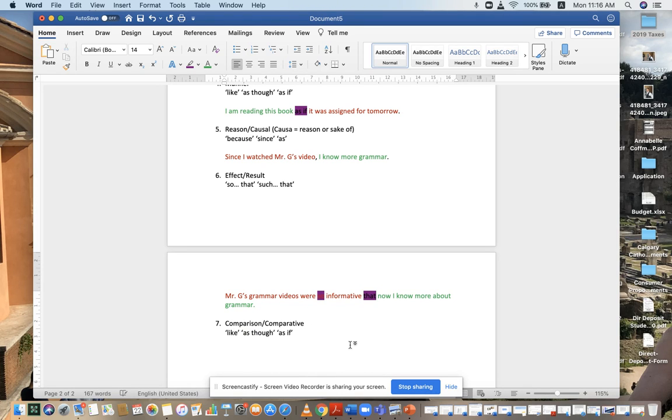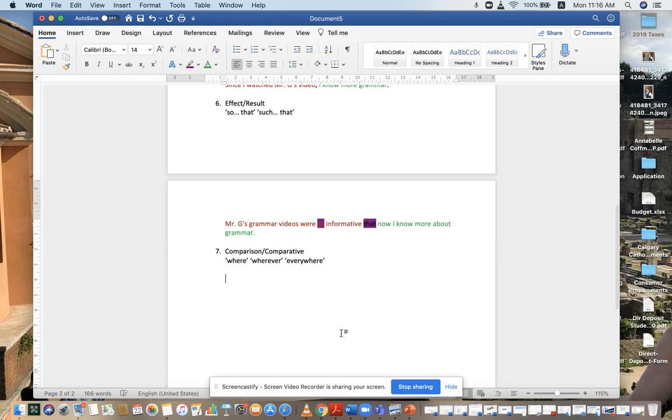So now everybody's going, wait a second, that doesn't make any sense. Why is it exactly the same as the locative or the place clause? Well, number one, there is a difference between when we use where to indicate where something is, as in a place, and when we're talking about a comparative idea.